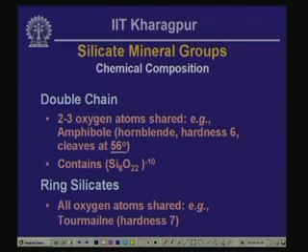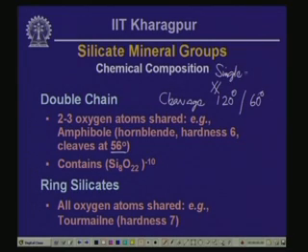Now, you should notice that the cleavage of double chain minerals is very similar to 120° or 60°, and this is in contrast with a single chain, which we discussed just in the previous slide, where the cleavage of single chain is approximately equal to 90°.